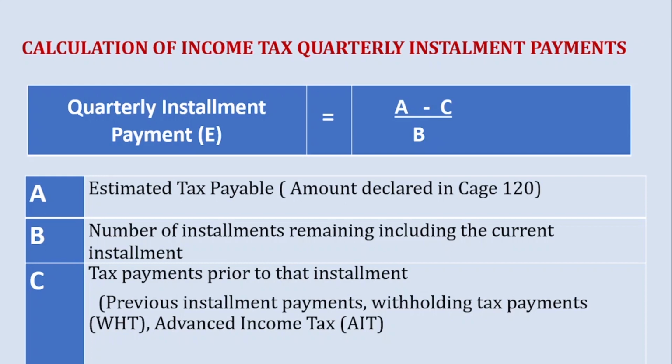Finally, estimated tax payable can be calculated by applying the relevant tax rates to the duly calculated estimated taxable income. After calculating the tax payable amount, we have to deduct the estimated advance personal income tax deducted and deductible for the year of assessment.